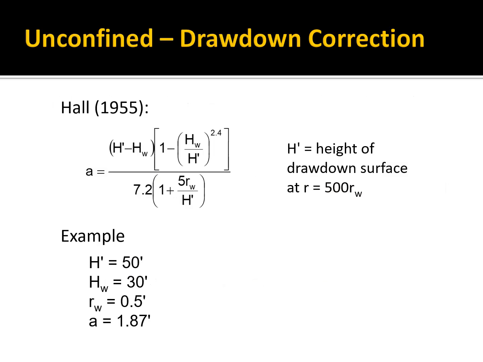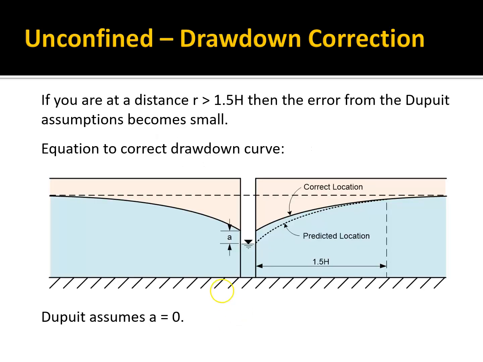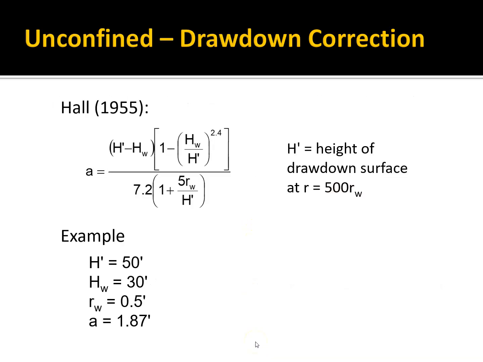In 1955, someone named Hall came up with this correction factor that shows you what the distance is. The correction factor is this distance a here, and here's an example. If the initial h prime equals 50, we'll talk in a second.